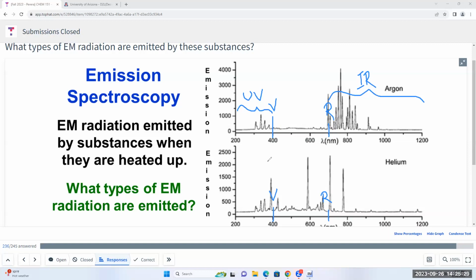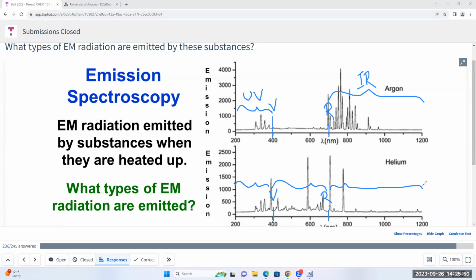But when it comes to helium, it emits light in the UV region, the visible region, and also some light in the IR region as well. So all three, UV, visible, and IR radiation, are emitted by argon and helium.